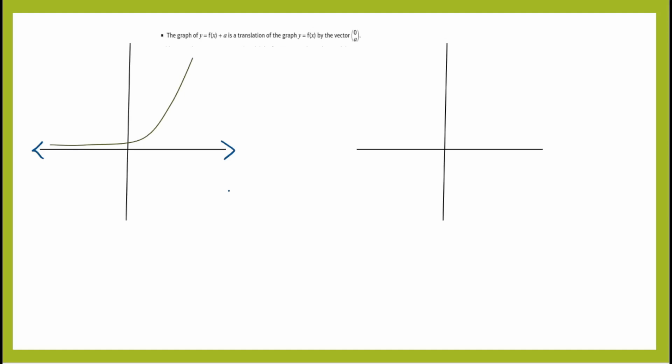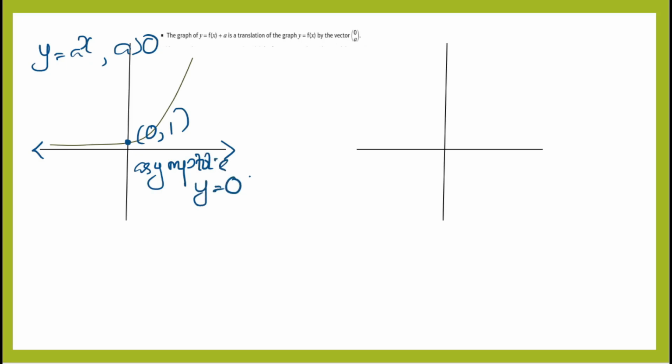This is the graph of y equal to a raised to x, a greater than 0. The graph crosses the y-axis at (0, 1) and x-axis is an asymptote. Therefore, the equation of asymptote is y equals 0. Now the graph of y equal to a to the power x plus 4 is obtained by translating the graph of y equal to a to the power x by 4 units in the positive direction of y-axis.